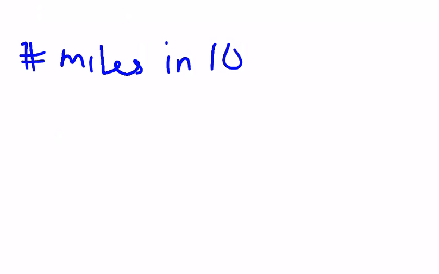Let's do another one. The number of miles in 100 kilometers. So this one's kind of going backwards. We know that the conversion between miles and kilometers is 1.609, but because we want to know miles this time, we are going to divide.